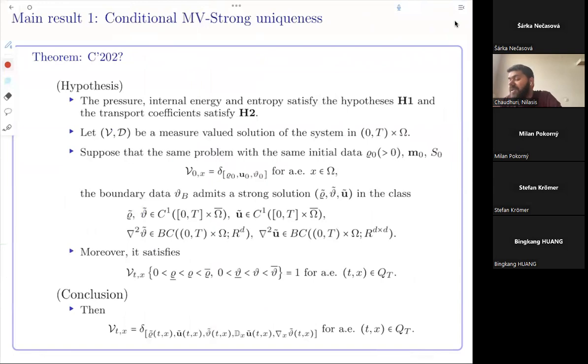The first is a very simple thing, called the conditional measure valued strong uniqueness, which states that you have this additional hypothesis, and the initial data is matching the initial data of the strong solution. And then if you assume that the initial density and temperature are somehow bounded, then we can get that the measure valued solution is the same.